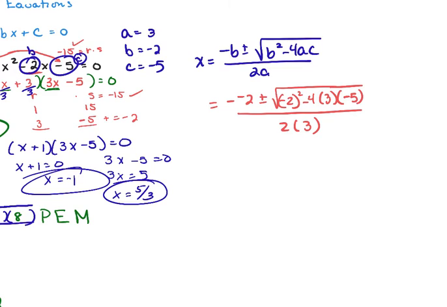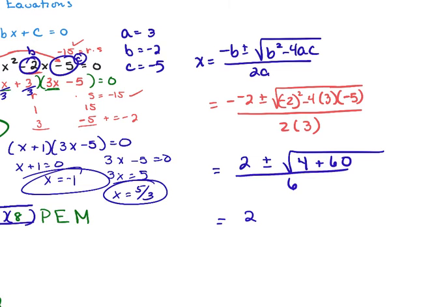See, I got double negatives there, so that's going to become a positive 2. Right here, I'm squaring a negative 2. This will always be a positive when you square something, so that's a 4. I can do my multiplication. Now, this multiplication, 4 times 3 is 12, times 5 is 60. But see this double? This is like a negative 4 times a negative 5. That's going to be a positive sign. In fact, I would do negative 4 times negative 5 is 20 times 3, 60. So it's going to be plus 60 in here.